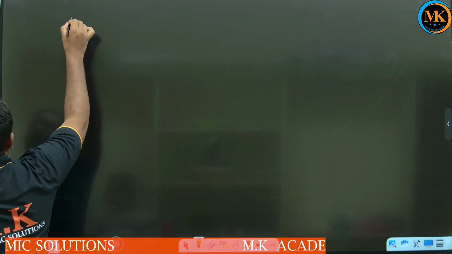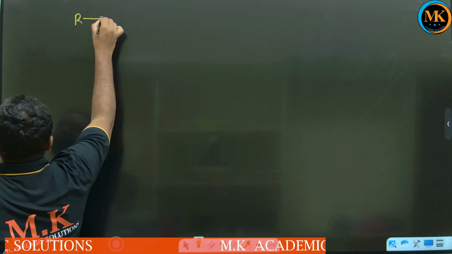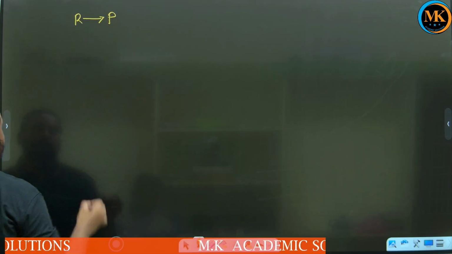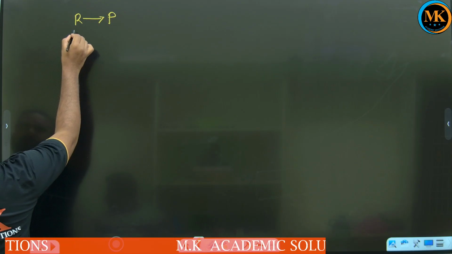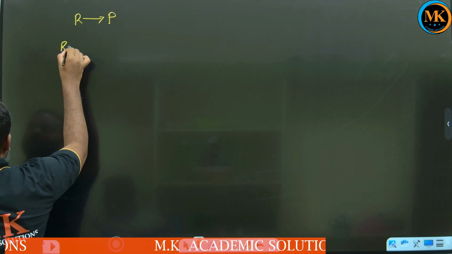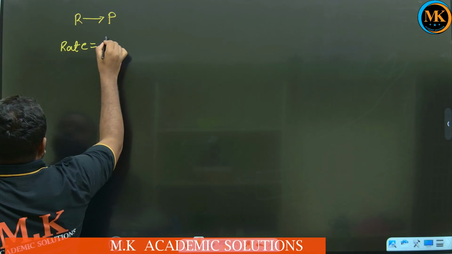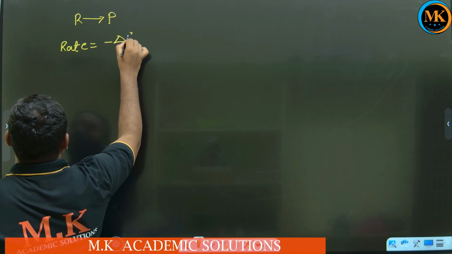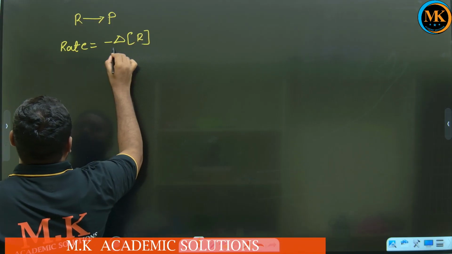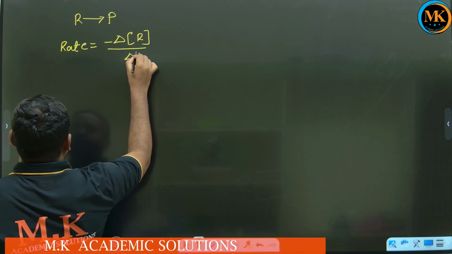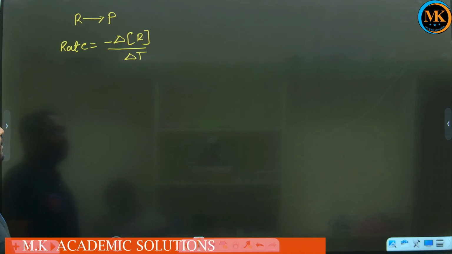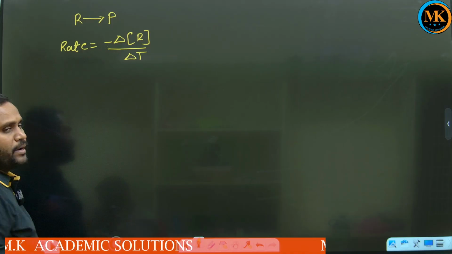Consider a reactant is converted into product. With respect to reactant, what is the rate here? Rate equal to minus delta R by delta T. Here we need to know one important thing: why are we writing the minus sign?